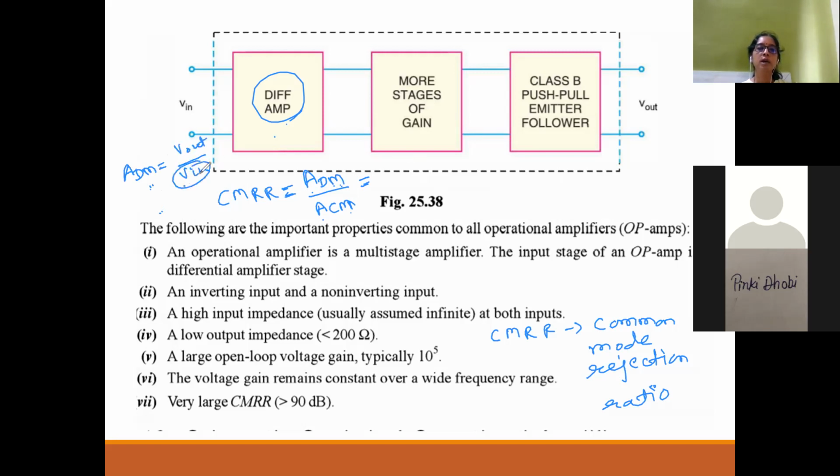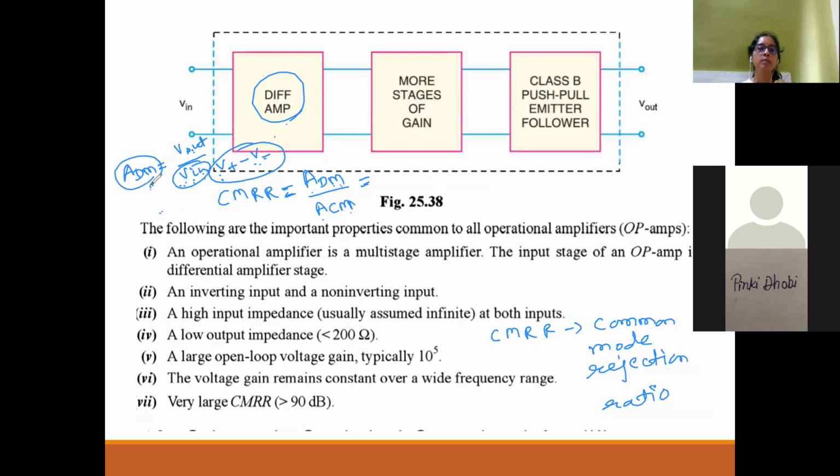So inputs are different, so V plus minus V minus, right? So this difference has some definite value, right? So if it has a definite value, then it has some ratio. V out upon V in will be some ratio, right?